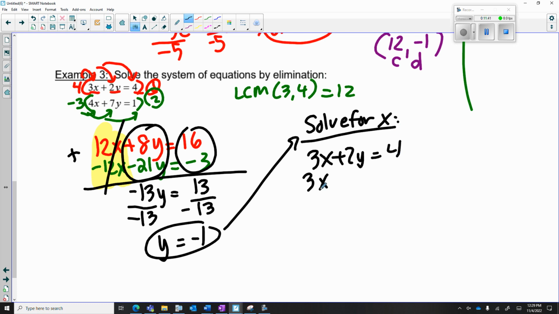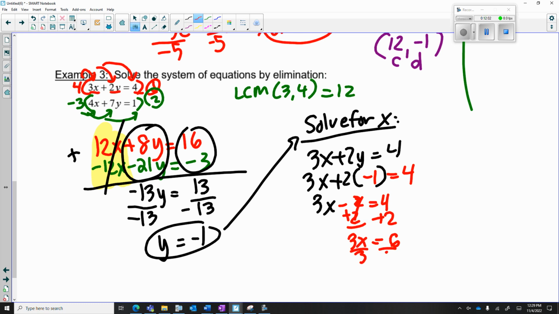I'm going to plug in y equals negative 1, and solve for x. Okay, so I got x equals 2.